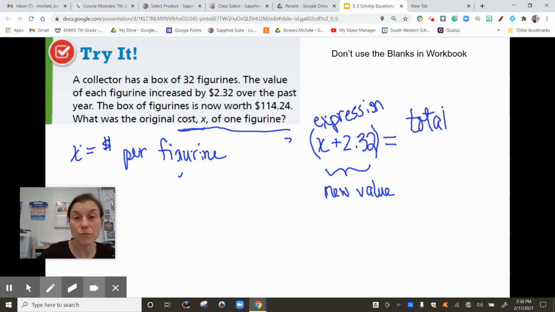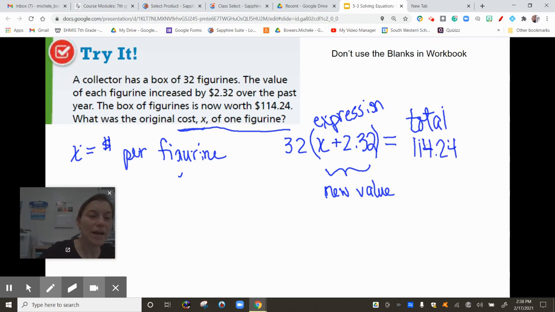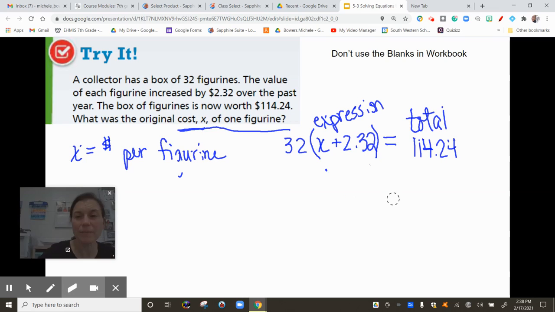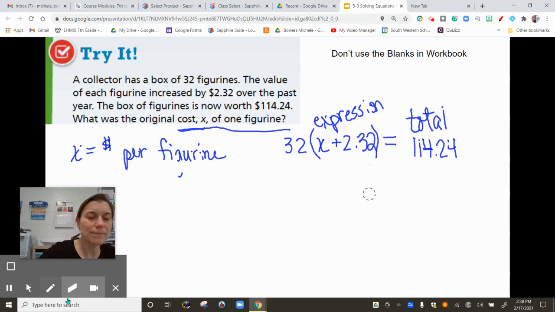So that's 32 times this new value equals the total net worth, which is $114.24. So now I have an equation, and you can check and see if your equation matches mine. And now that we have the equation, we can solve it.